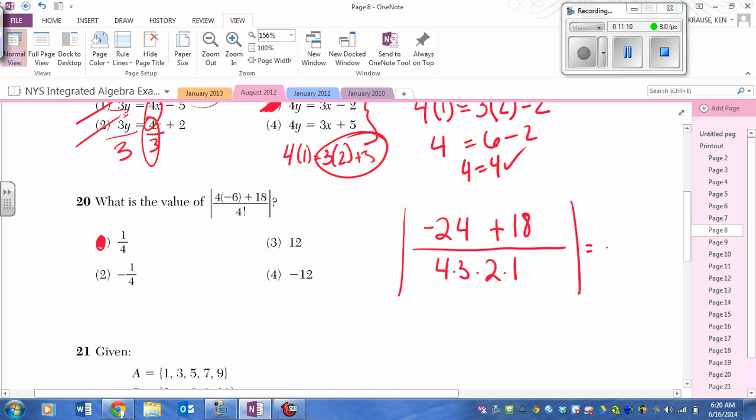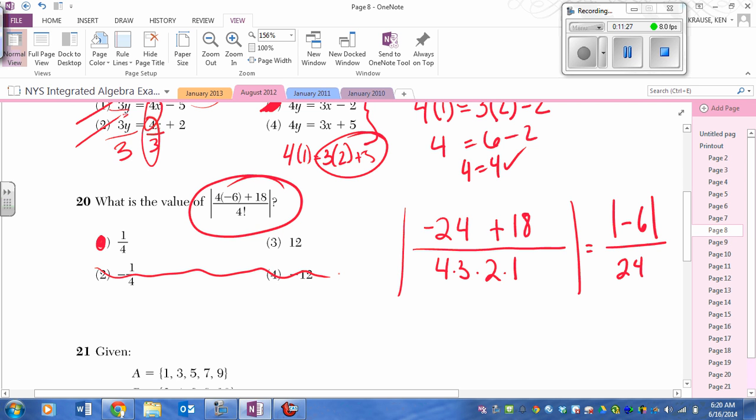So this turns out to be the absolute value of negative 6 over 24. The absolute value of negative 6 is positive 6, so it will be 1/4. The other thing is, since this entire thing was in an absolute value, you knew these couldn't be right. Now, if there's a negative up front, you've got to be careful. But since the whole thing was in the absolute value, you knew it couldn't be these.